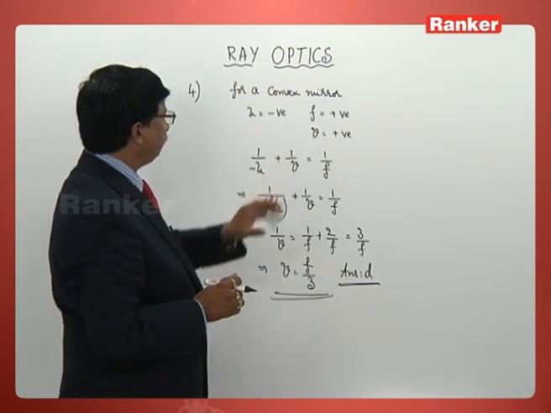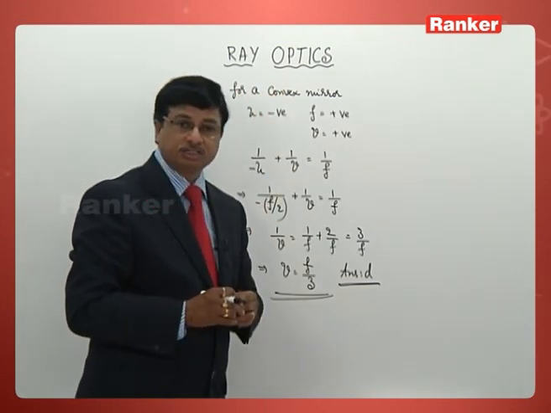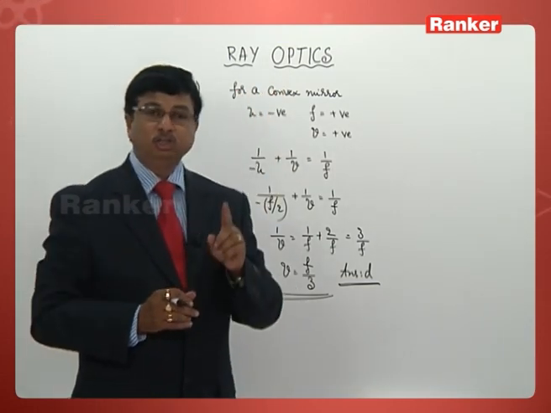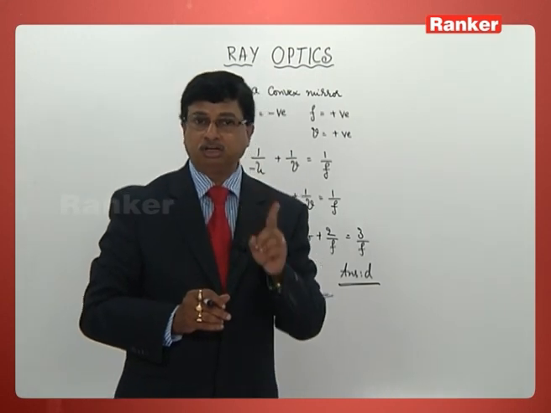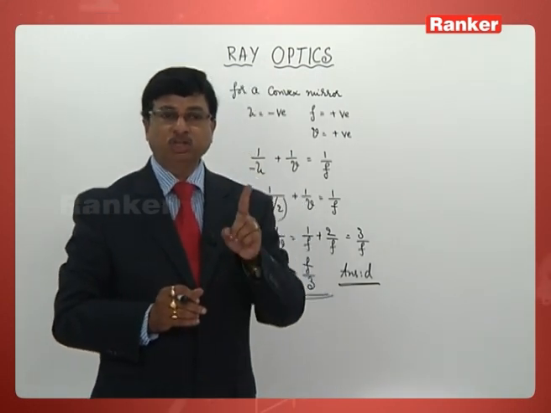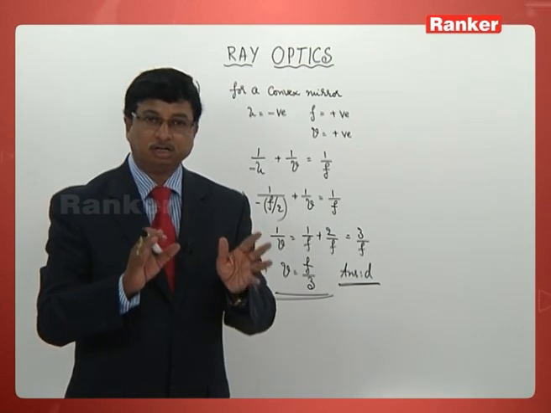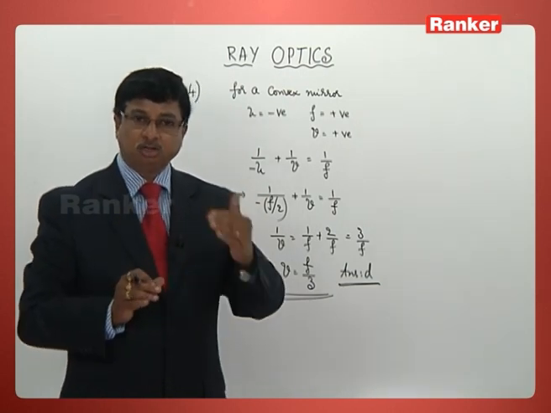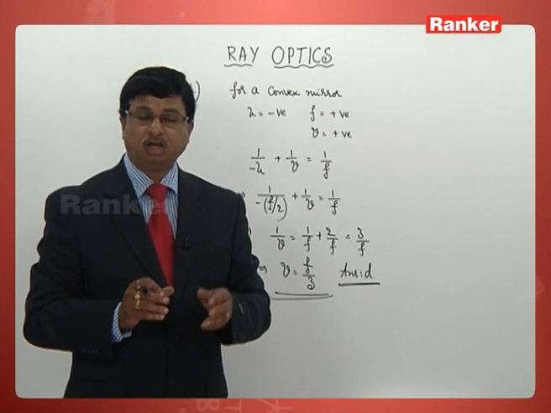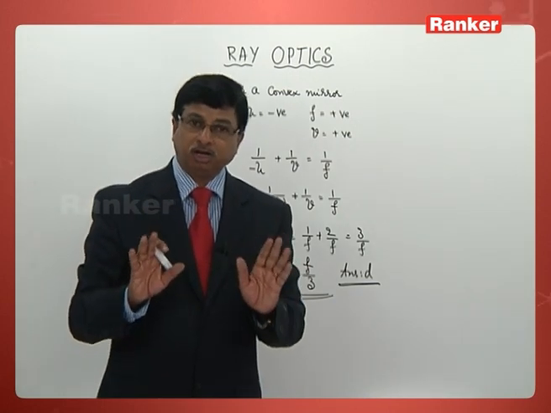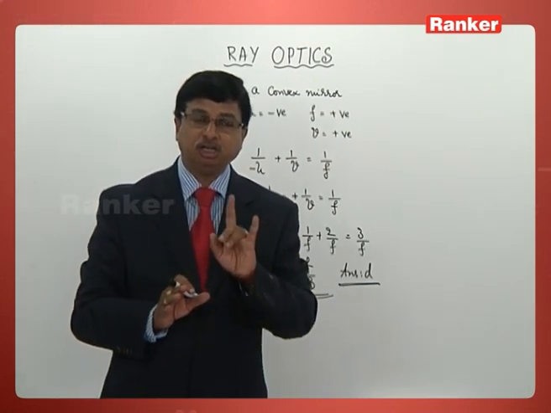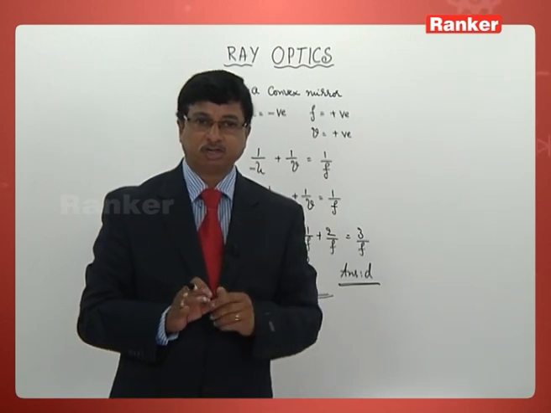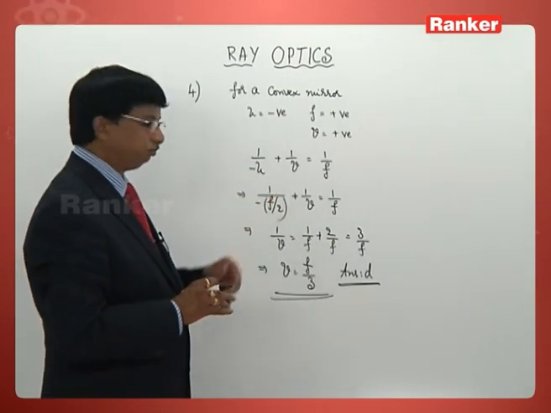So this convention as far as convex mirror is concerned, I am repeating once again, u is the only quantity, that is object distance, which will have negative sign according to the convention. The other two, like v and f, are definitely going to be positive for any convex mirror in any case. That is the point you have to understand. So that is problem number 4.